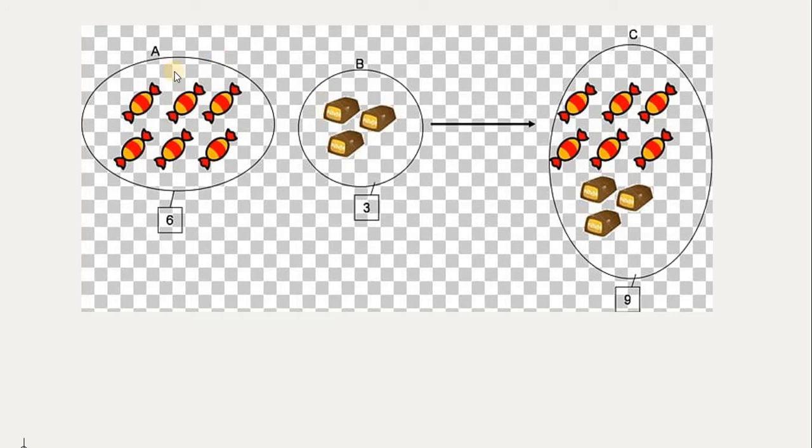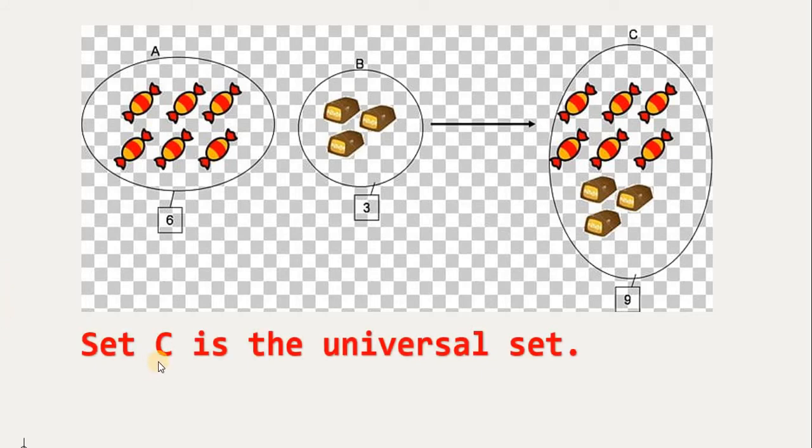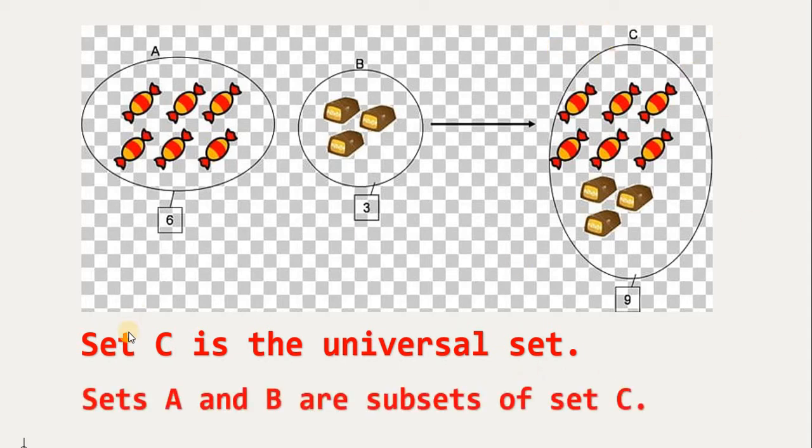So, etong mga ito, ang set A at set B ay subset ng set C. Ayan. So, for this example, set C is the universal set. Kasi siya yung kabuuan ng set natin. And then, sets A and B are subsets of set C. Diba? Included kasi sila doon sa set C.